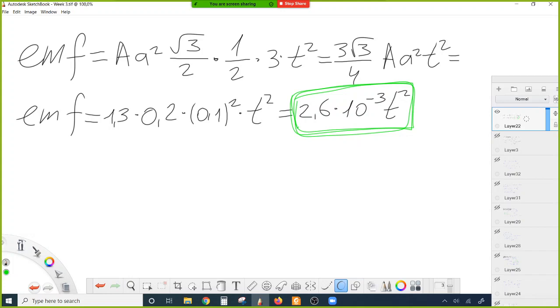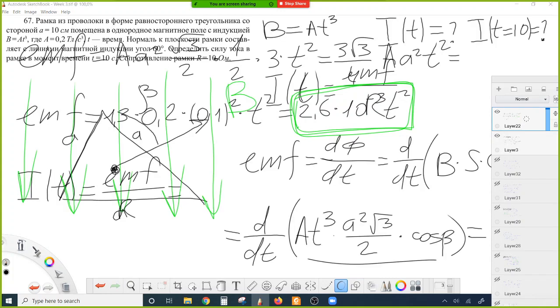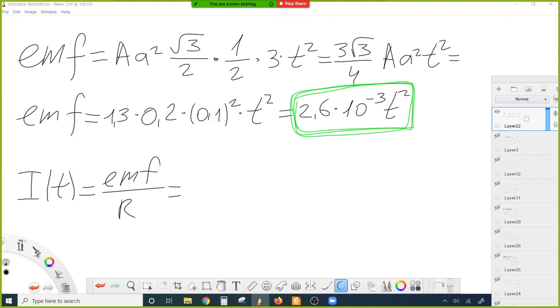Okay, now we may find the current I with respect to time, which is electromotive force over resistance. Resistance is equal to 10 ohm.